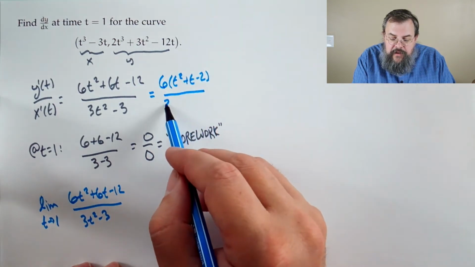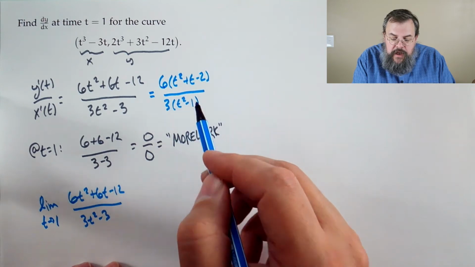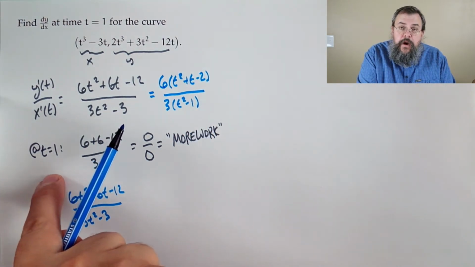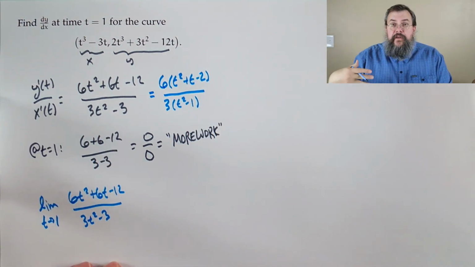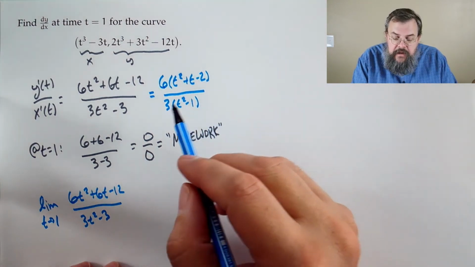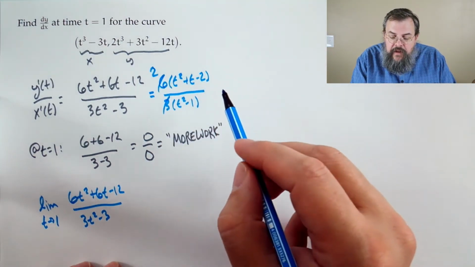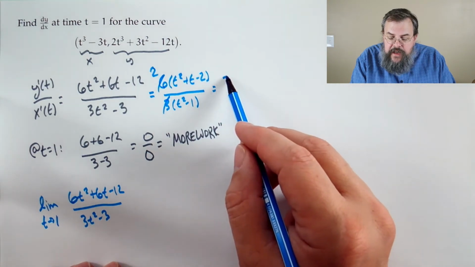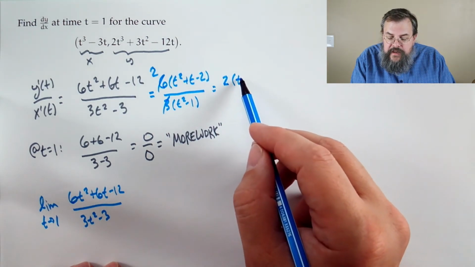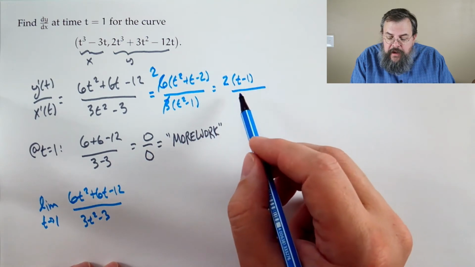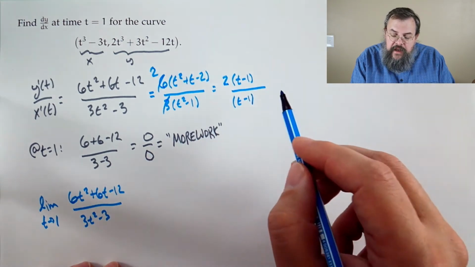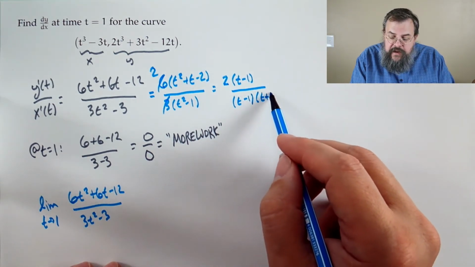Downstairs I can factor out a 3, leaving t squared minus 1. Because plugging in 1 gives 0 both upstairs and downstairs, one of my factors has to be t minus 1 in both. It's not hard to figure out the other factor.